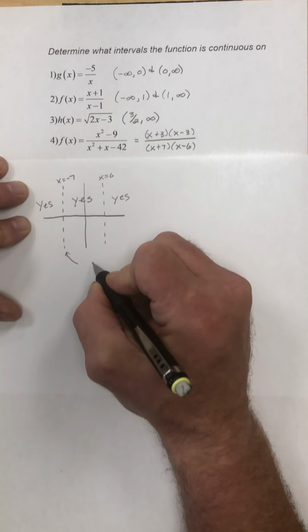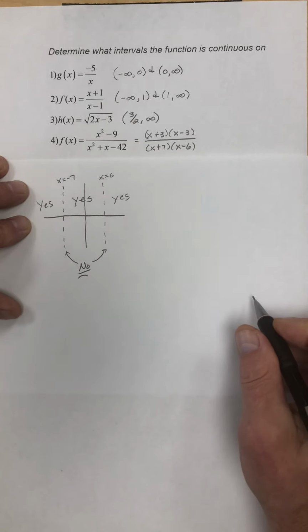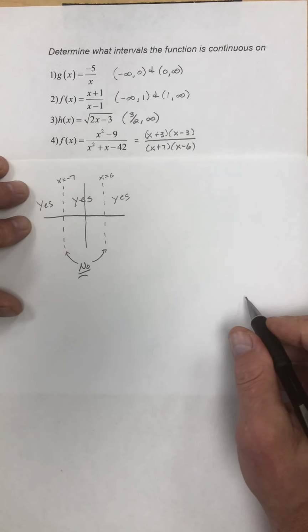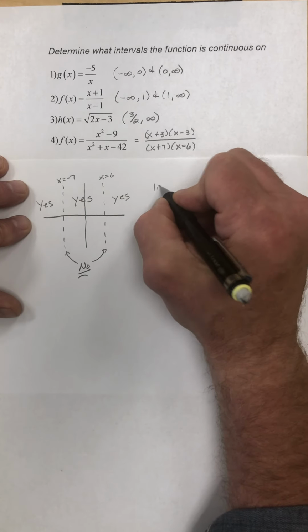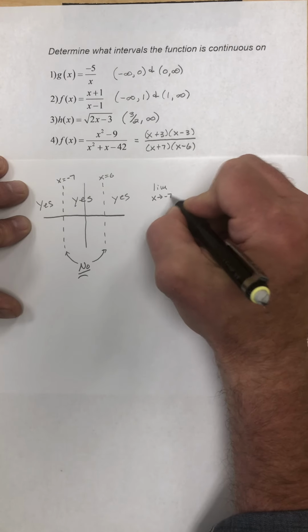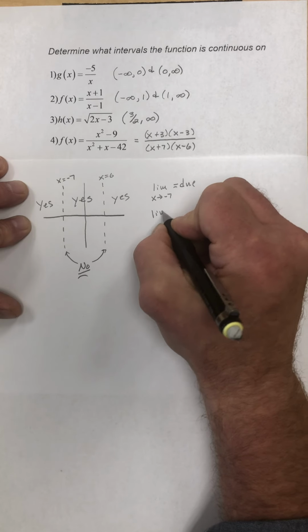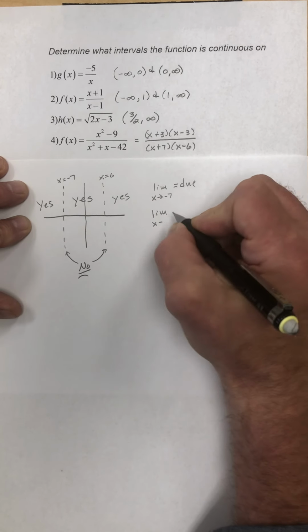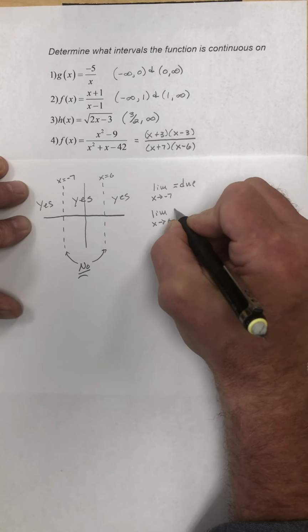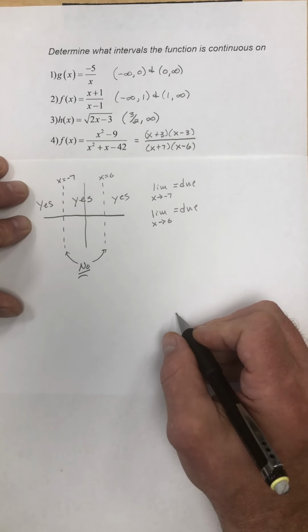It'll just be a big fat no at those two vertical asymptotes. So the limit as x approaches negative 7 won't exist, and the limit as x approaches 6 won't exist either, but everywhere else it's fine.